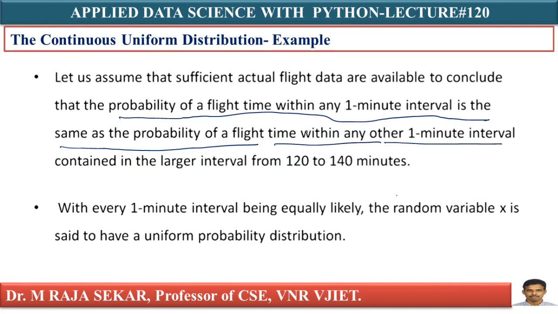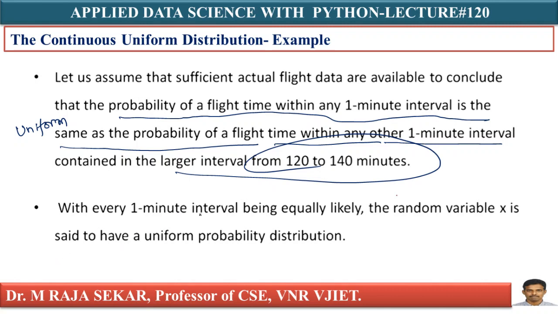Probability is the same, so I must say this is a uniform distribution. According to the previous slide, this is a continuous distribution, because x can take any value. Therefore this problem is related to the continuous uniform distribution contained in the large interval 120 to 140 minutes.